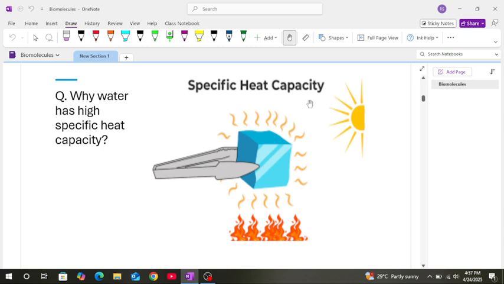Increasing by 1 degree centigrade requires higher energy, higher output. So see this question: why does water have high specific heat capacity? Because we require higher energy to raise the temperature of the water molecule by 1 degree centigrade.